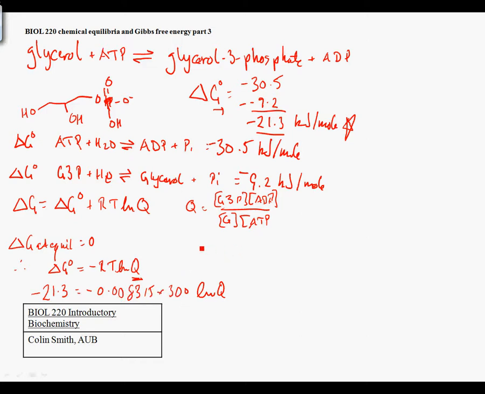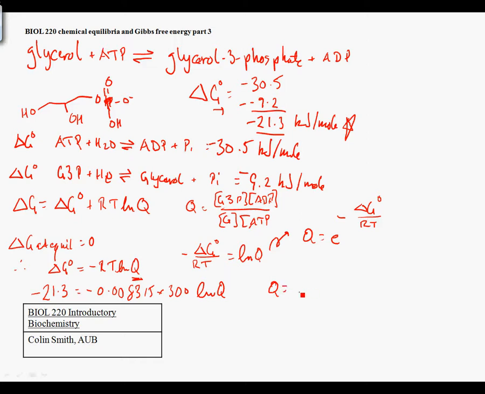So essentially what I'm doing is I'm taking this equation and I'm going to move the negative RT to the other side, so this equals ln Q, and then I will raise each of these as an exponent to e, so that leads to Q is equal to e to the power of negative delta G naught, standard conditions, over RT. So let's put in the values here.